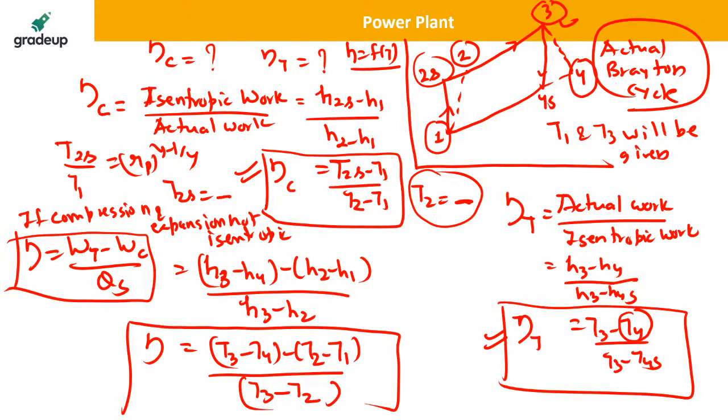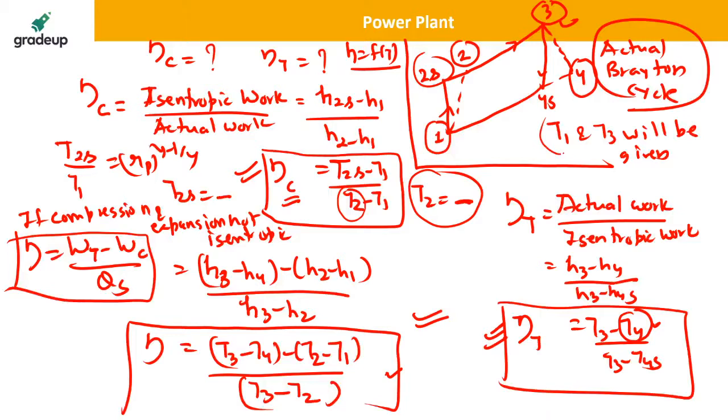It is a very, very important thing, because many times when a question comes in your GATE exam, they will give you the isentropic efficiency of compression or turbine, and they can ask you to find the efficiency. So if the efficiency is given for compression and turbine, then you have to find the actual temperature at exit of compression and turbine, and then put it in this formula to find the efficiency.